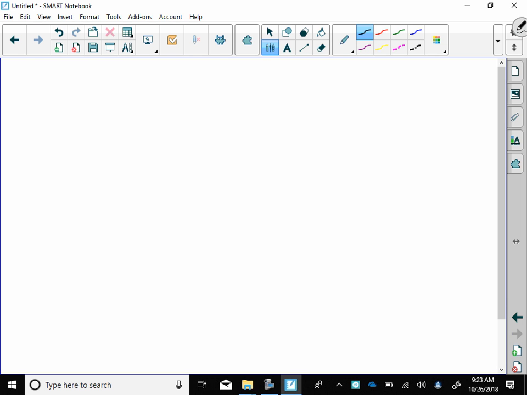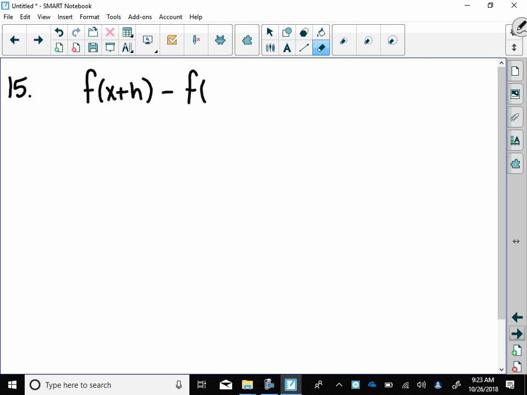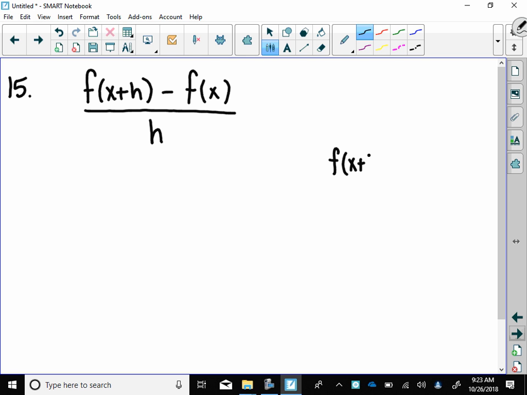All right, 15 asks you to find f of x plus h minus f of x all over h. Okay? So all this is several different pieces. We got to first start by finding f of x plus h. Okay, and we're given that f of x is 2x plus 5.